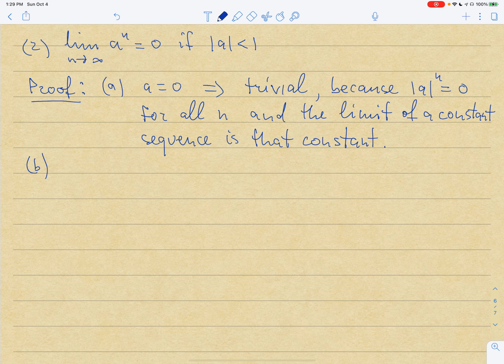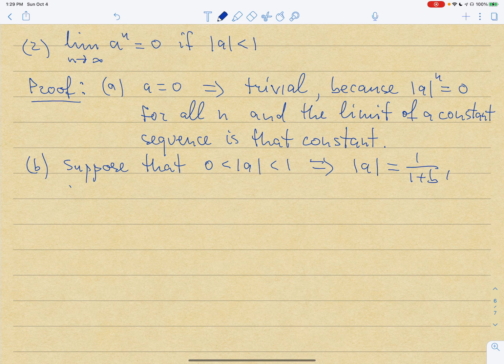All right, part B. I'm going to suppose that absolute value of a is greater than 0, but less than 1. And then in that case, I should be able to write absolute value of a as 1 over 1 plus b for some b that is positive.